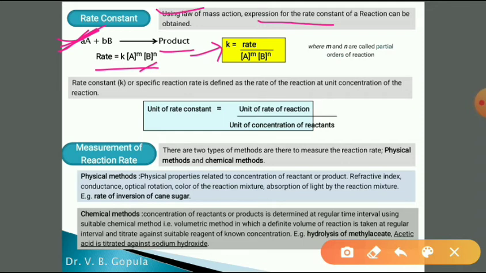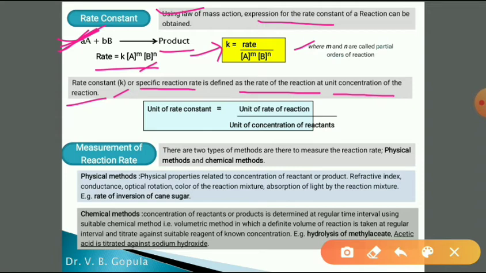Where m and n are the partial orders of a reaction, so they are the order of reaction with respect to molecules A and B respectively. Now here the rate constant k, which is also called the specific reaction rate, is defined as the rate of reaction at a unit concentration of the reactant.